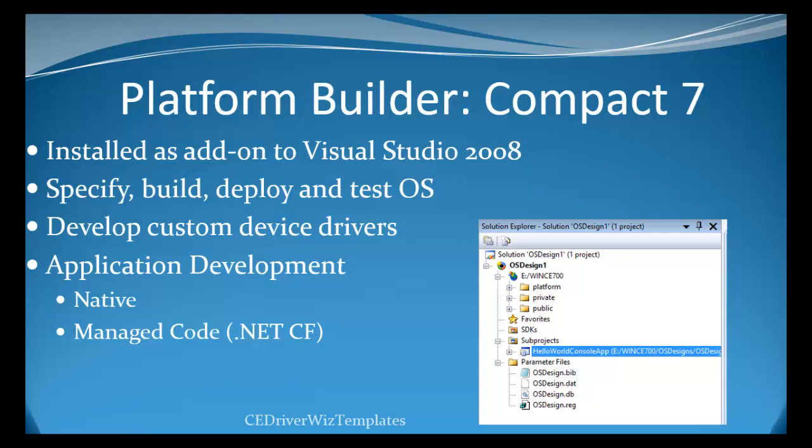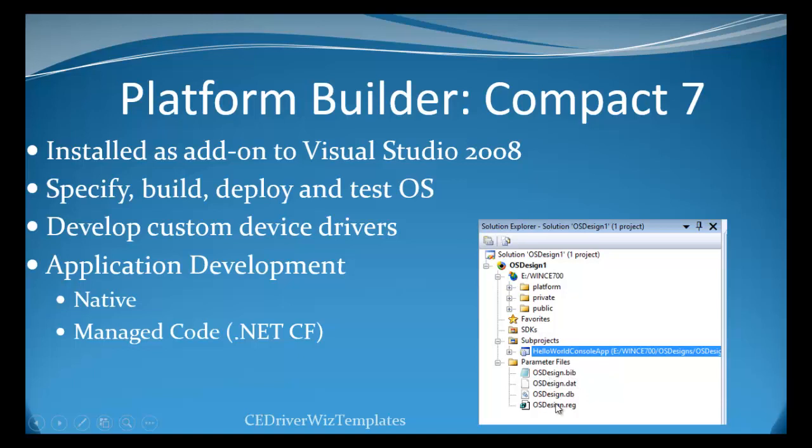And so we see here a typical operating system design implemented as a solution in Visual Studio. We have all the operating system stuff here, and we can create sub-projects of the operating system, applications and application DLLs or device drivers and so forth.